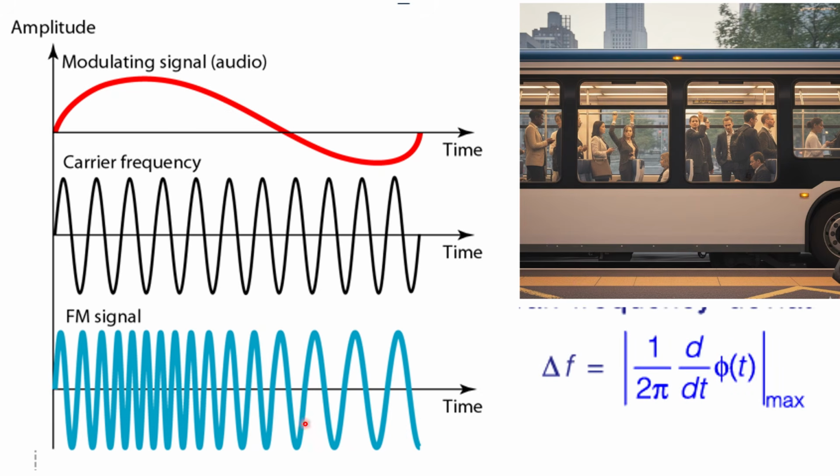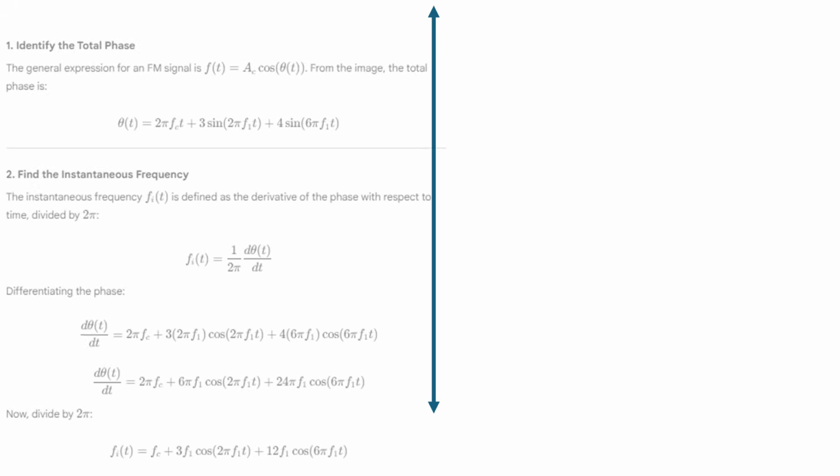So how will we find out the deviation? The formula which we are going to use here is d omega by dt. So your delta f is equal to d phi by dt, and since omega is equal to d phi by dt, delta f, that is 2 pi f, so delta f will be 1 by 2 pi times d theta by dt, right? The maximum we have to find.